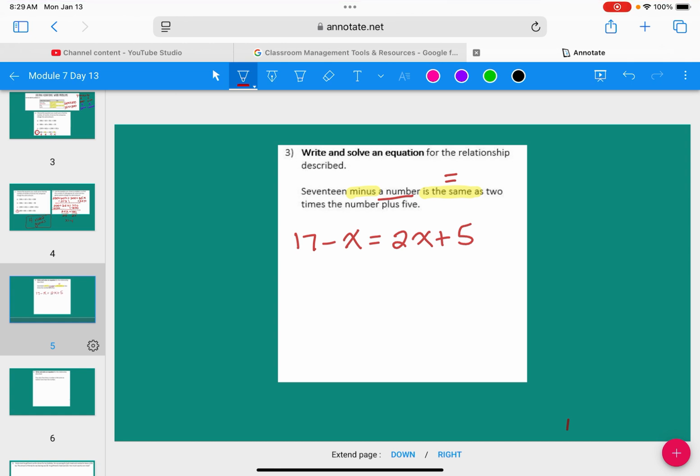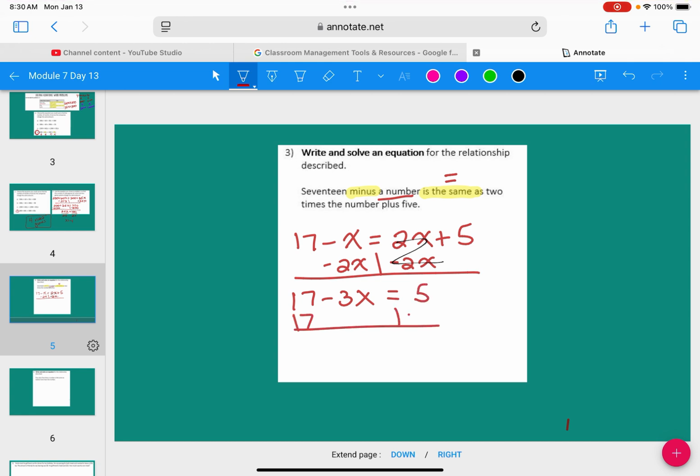Okay, now I'm going to get the variable by itself. I actually moved the variable first to both sides, gosh, I'm just messing all this up. Move the variable on the right side, so I'm going to get rid of the 2x. Now I'm going to have 17 minus 3x equals 5.